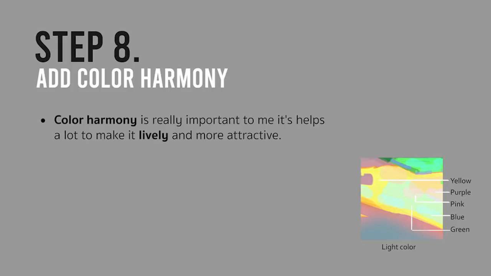Yes. I think it's easy for me, but it's up to the user. For me, HSB really works because you can see in step 8 that I add the color harmony. From step 7 you can actually finish off, but I want to add more variety of color harmony to my color.